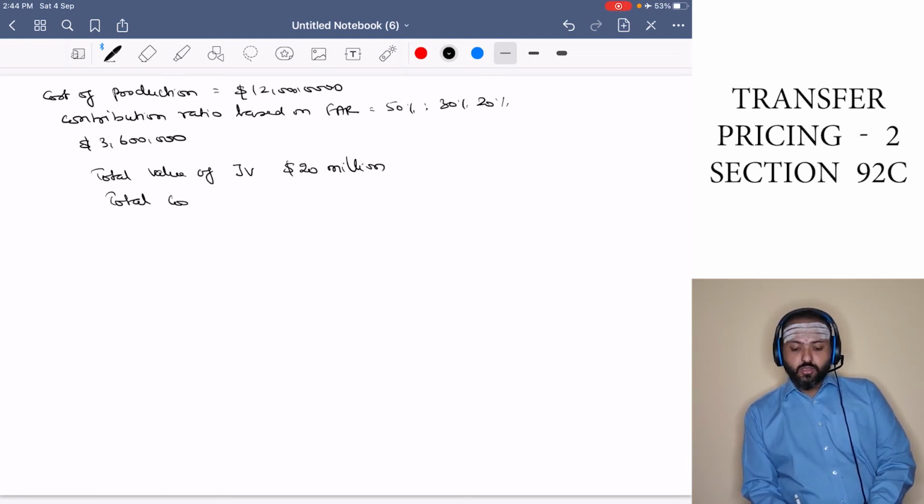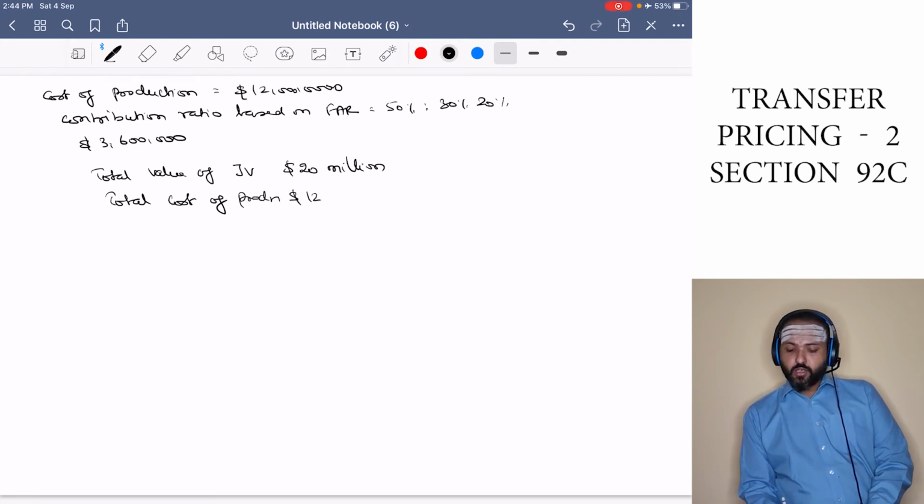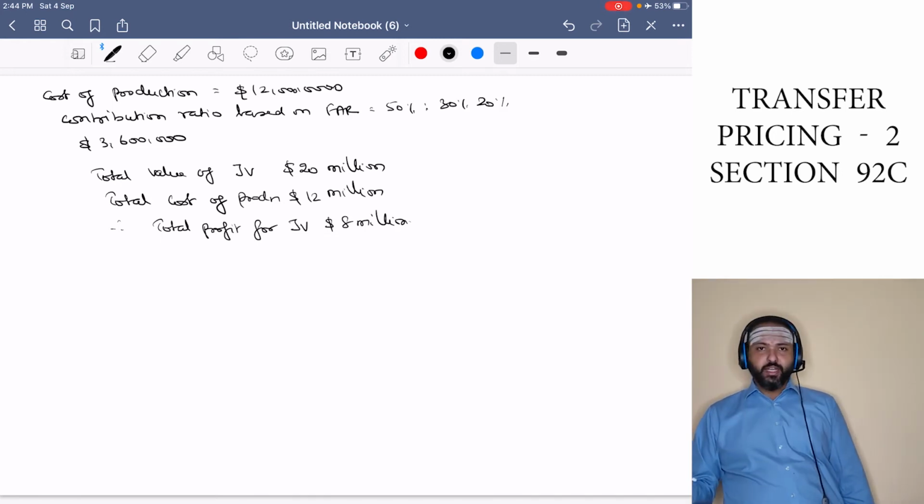Total cost of production that is given in the question, $12 million. Okay, therefore total profit for the JV, how much is that? $8 million. Correct? The total profit is $8 million.